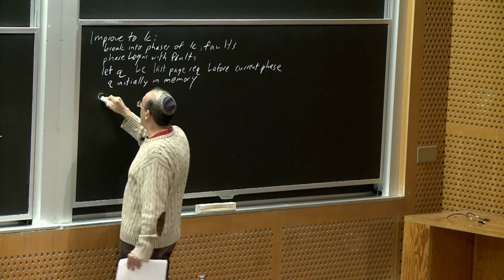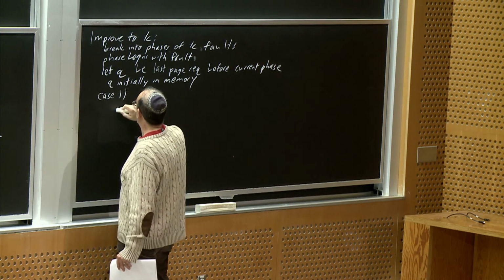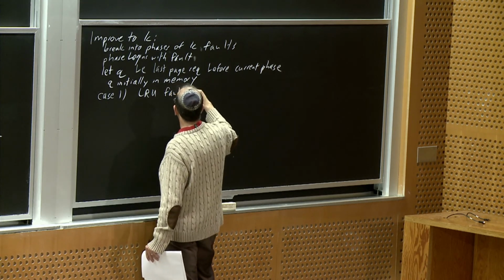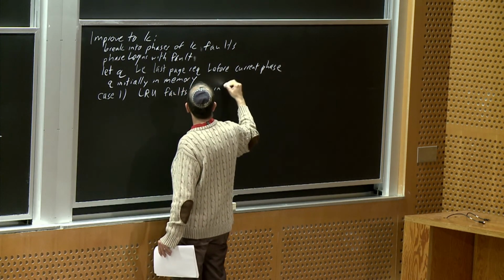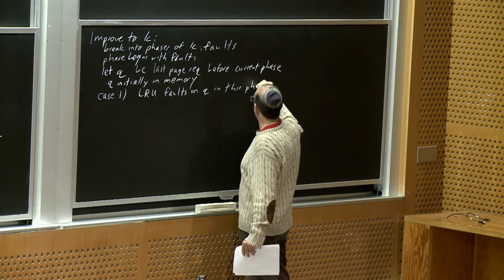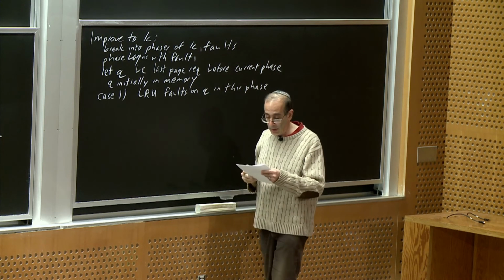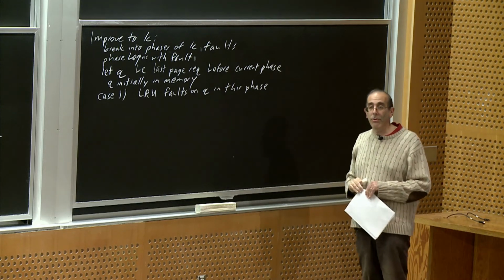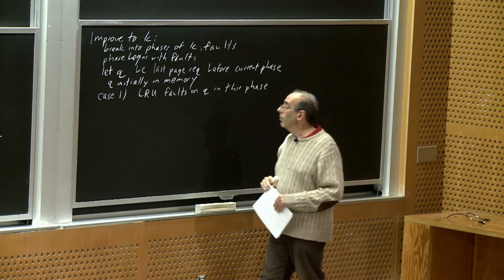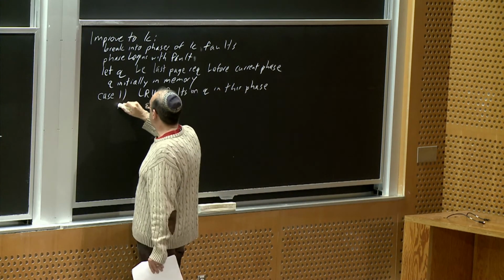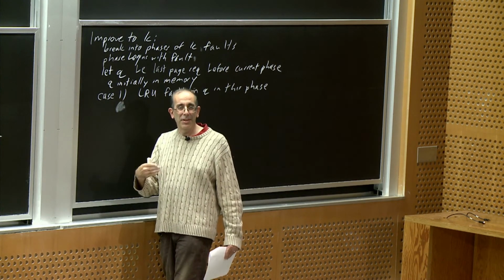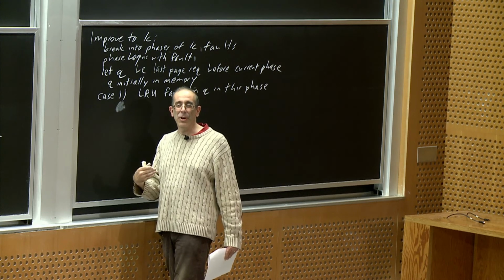Case one is that our algorithm, LRU, faults on Q in this phase. Why would LRU fault on Q? Q is the least recently used at the beginning of the phase, because we just asked for it.